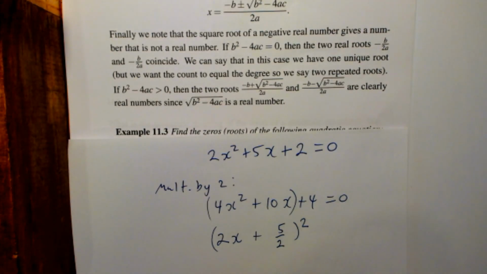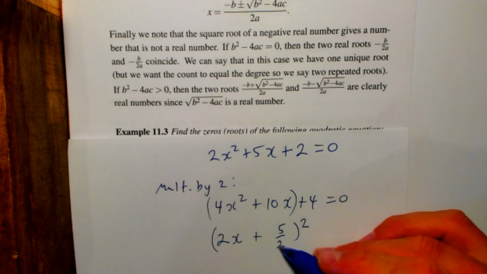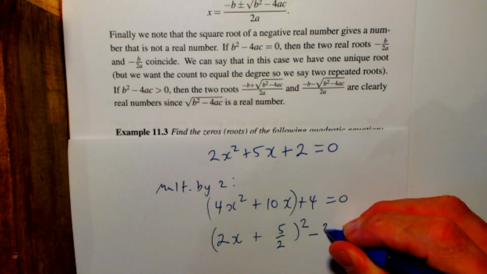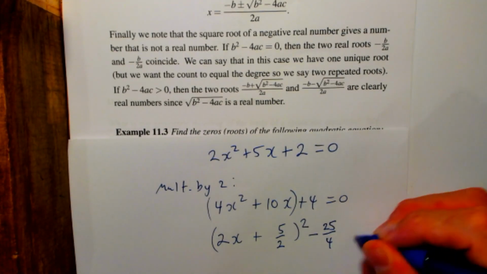Alright, now check what happens when we expand this. We get 4x squared plus the product of these two is 5x, but there are 2 of them when we expand, so that gives us 10x. But now I've generated the square of this, so I have to subtract its square to make this true.